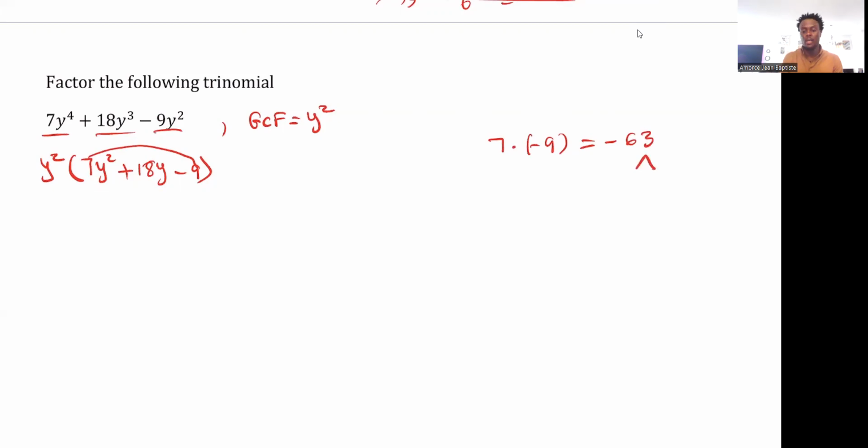How do we factor it into two numbers whose sum is +18? Well, you can play with it, but the two factors are -3 and +21. Check it out: -3 times 21 is -63, and when you add them, it's subtracting 3 from 21, that is +18.